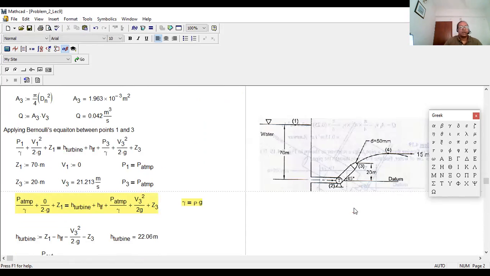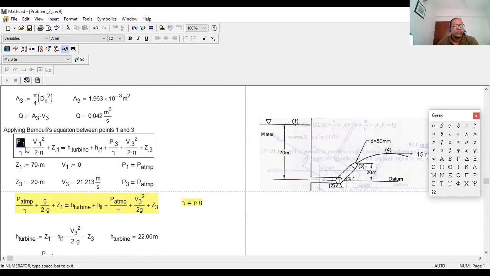So, Bernoulli's equation between point 1 and point 3. At point 1, you are getting P1 by gamma, V1 squared by 2g, Z1, then the turbine coming over here absorbs this much energy, plus the loss in the pipe, and with this much energy the fluid is getting out from point 3.